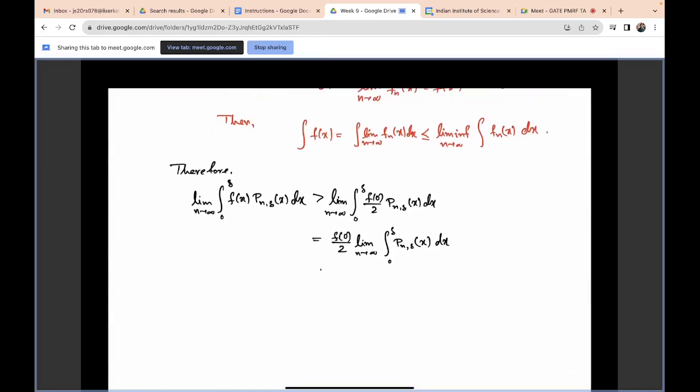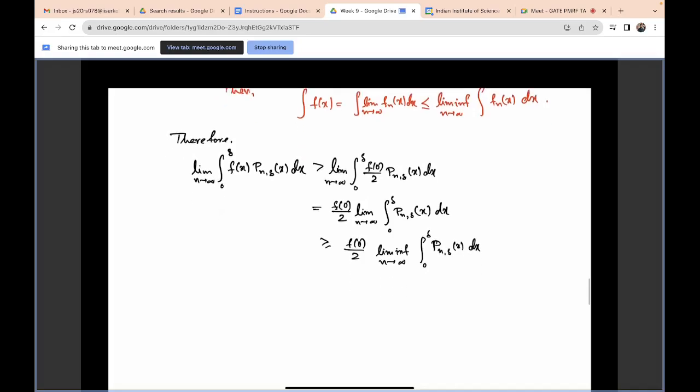And so this is bigger than f(0) by 2 times the limit as n tends to infinity of the integral from 0 to delta of P_n,delta(x). By Fatou's lemma here, it will be bigger than or equal to f(0) by 2, so the limit will go inside, the limit of P_n,delta(x), right? Here we have used Fatou's lemma.